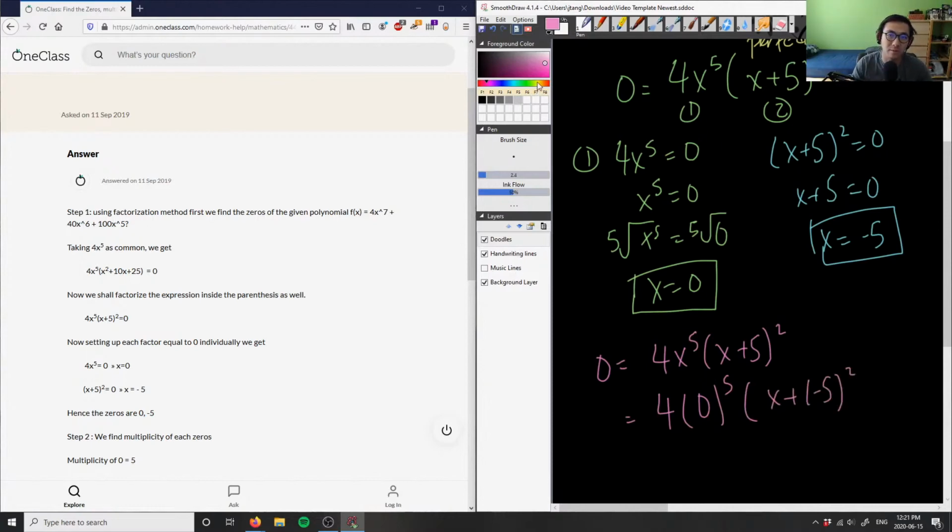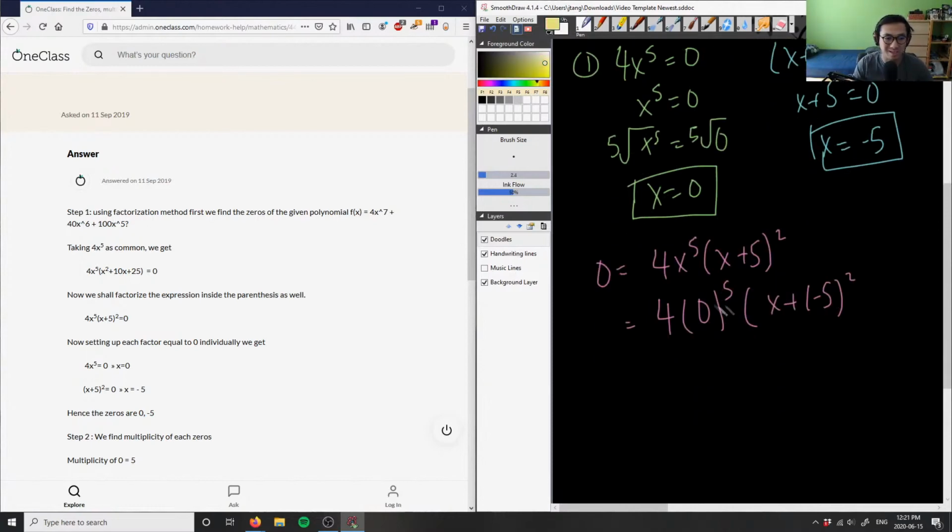And in order for us to find multiplicity, we simply look at the degree of these zeros. In this case, this is x to the 5 here, so x equals 0 will have a multiplicity of its degree, which is simply 5. As we solved in our previous solution, x equals 0 for the 4x to the power of 5 term.